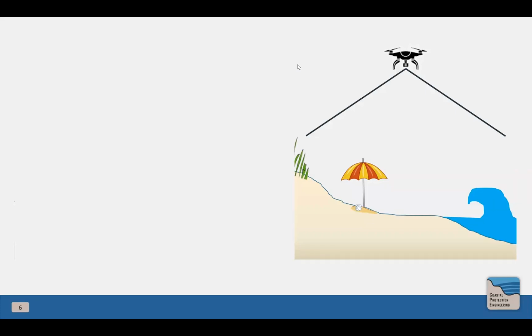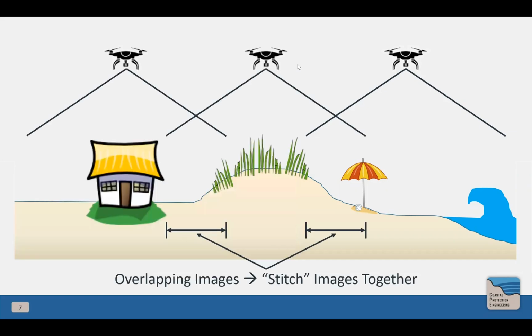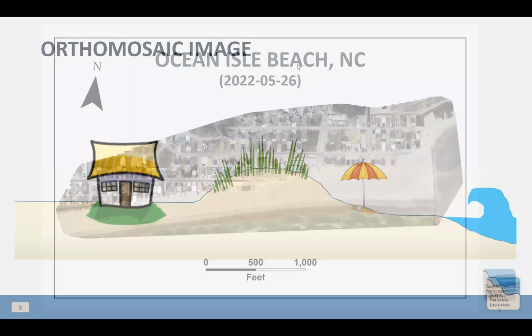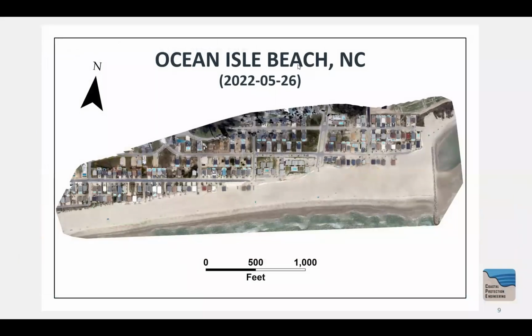What we just went through there was 3 individual photos of a beach, and then using photogrammetry, we can stitch those images together using the overlapping areas and make one large orthomosaic image. To give an example, this image was created using around 550 different photos down in Ocean Isle Beach, North Carolina.